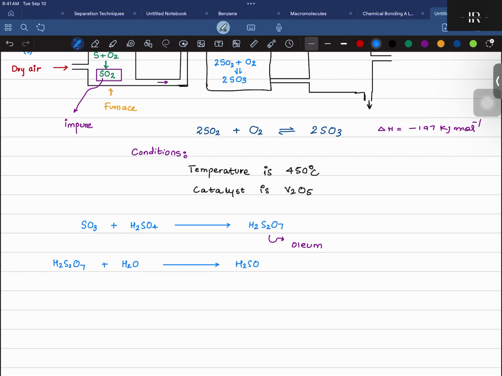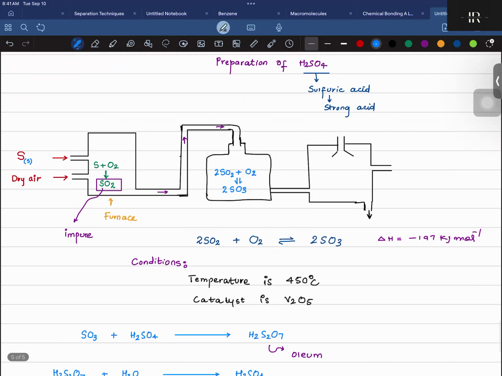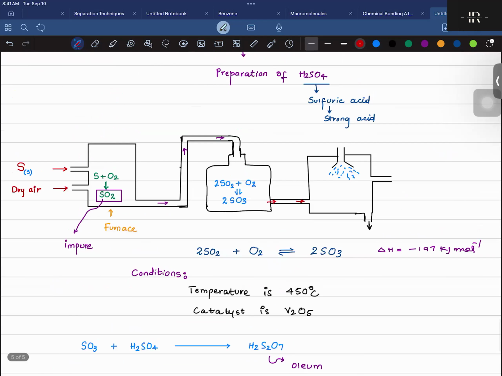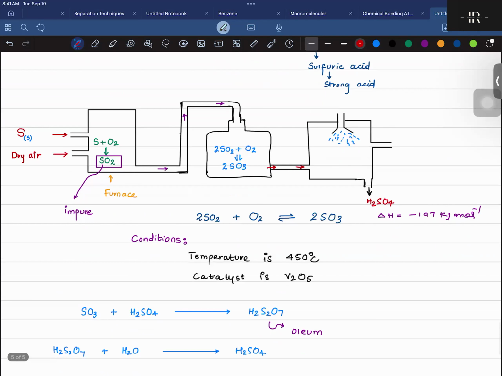Finally, H₂SO₄ is obtained, so I can tap off H₂SO₄ from the bottom of the container.